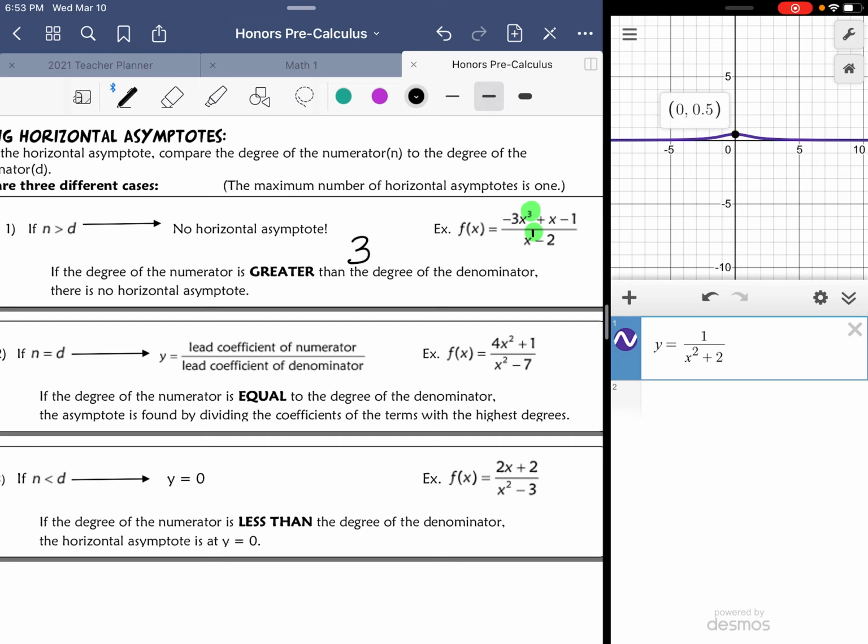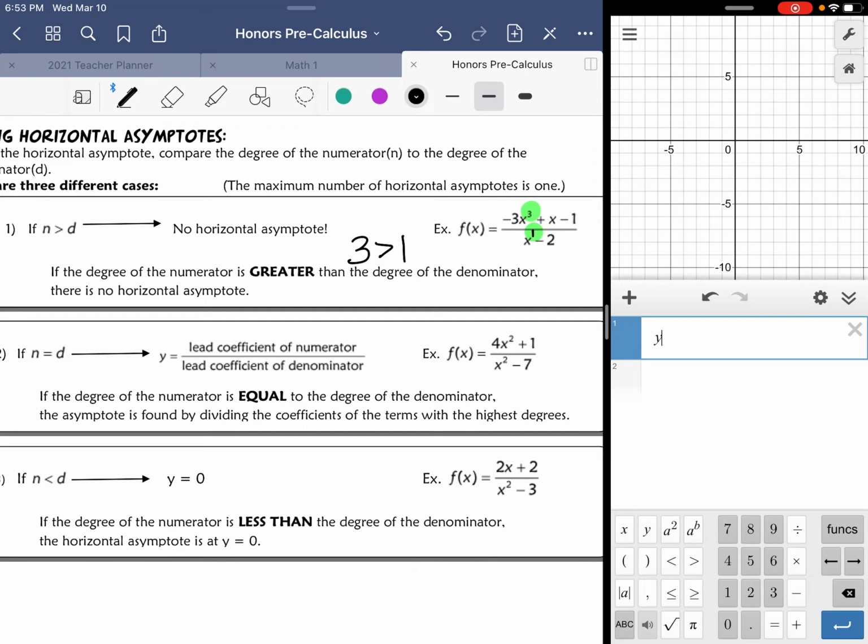So for this particular example, 3 is greater than 1, so therefore there is no horizontal asymptote. If I were to graph this, I could see that. So I have negative 3x cubed plus x minus 1 over x minus 2, and you can see that there is no horizontal asymptote there.